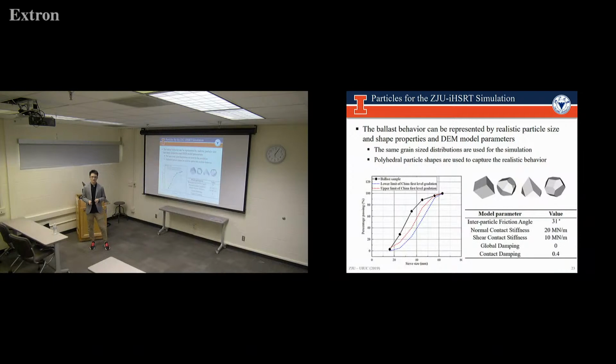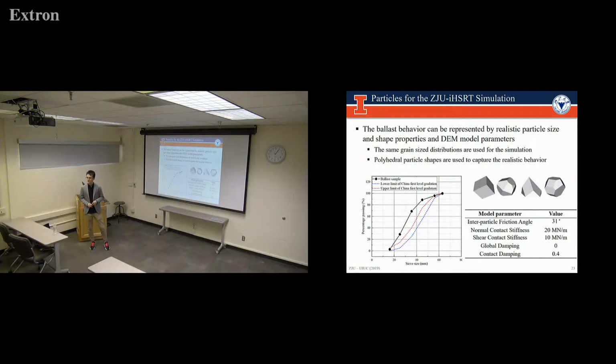And for fouled ballast layers, we can change this interparticle friction angle. So the 31 degree is for fresh ballast, and we used 27 degree from the experiment. That is for the fouled ballast. So by changing these parameters, we assume that this is a fouled ballast.